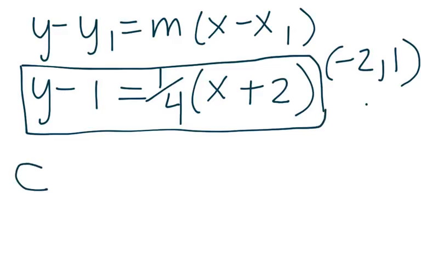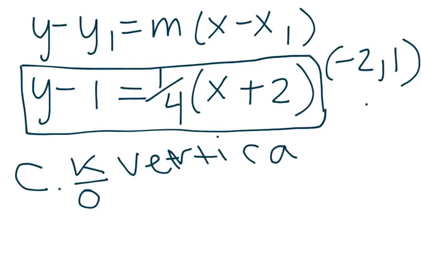For C, it's asking us to find the two points on the curve where the line tangent to the curve is vertical, so it's k over 0. That's a vertical line. Since it's k over 0, it's undefined.